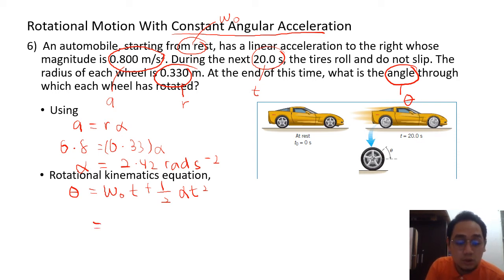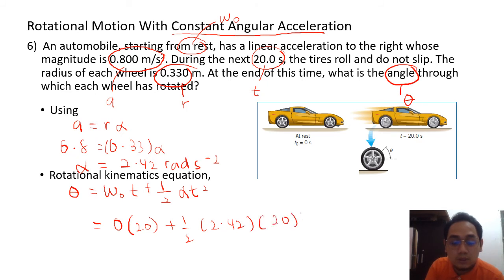Okay, so what is the value of omega naught? Since the automobile starts from rest, the value of omega naught is 0. t is 20. Okay, so plus half alpha is 2.42, and t squared, 20 squared.